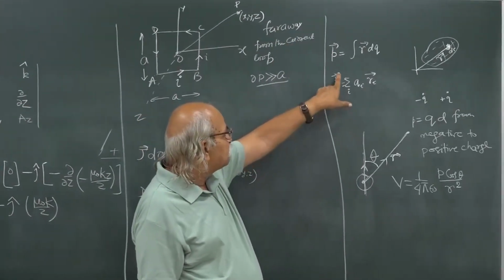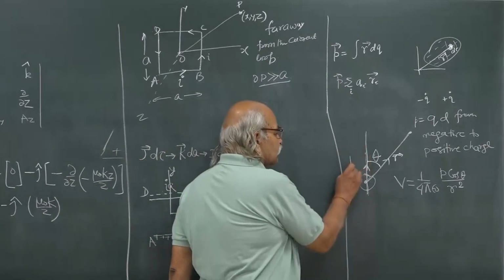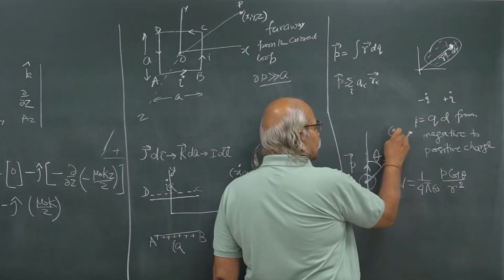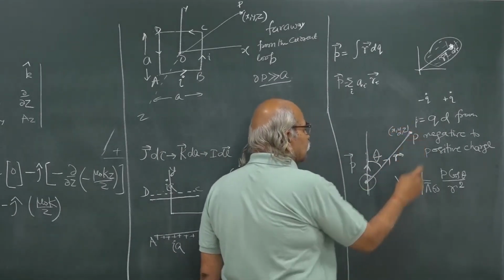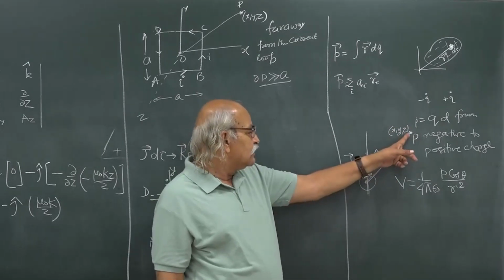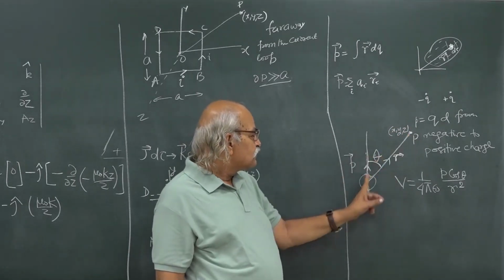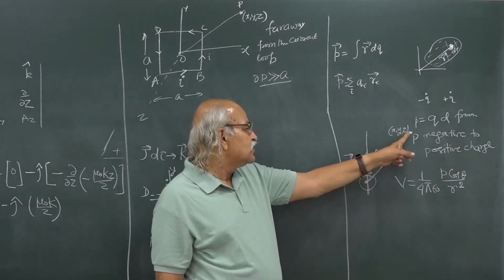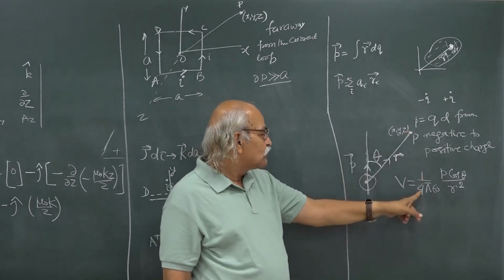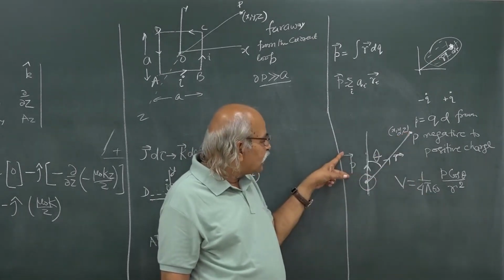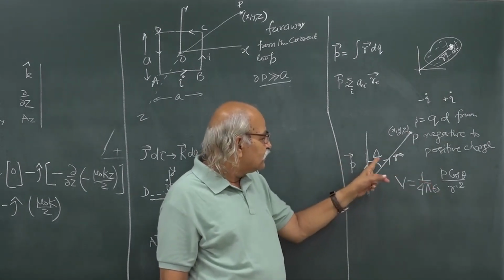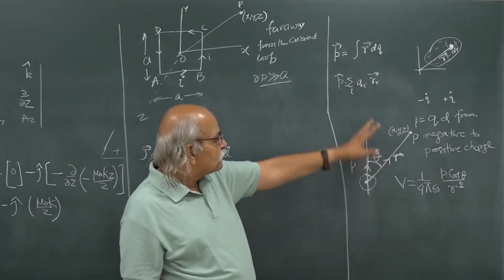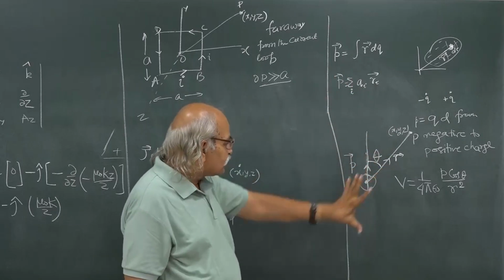If you have dipole moment P, and the point where you want the potential is P, and if OP makes angle theta with the direction of dipole moment, then the potential is given by 1 over 4 pi epsilon naught, magnitude of dipole moment P cos theta, divided by r square. This is an established result from electrostatics, and we want to utilize it.